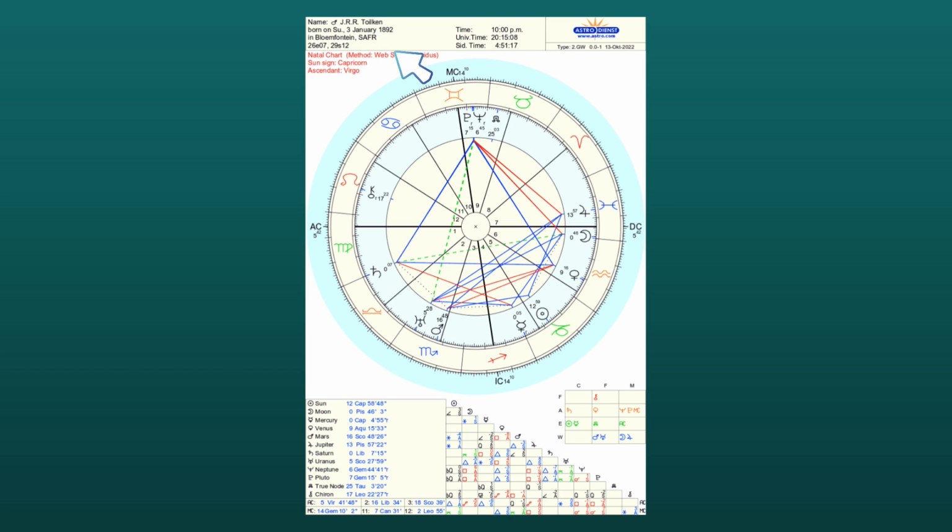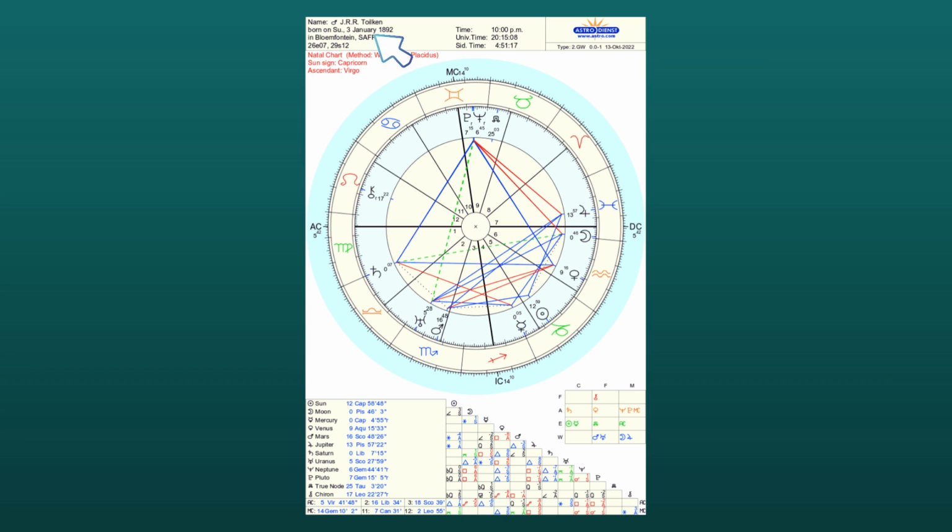Now, to draw up a chart, I use astro.com. And when you draw up a chart on astro.com, it will automatically use tropical. Now, I prefer to use sidereal, but that's a whole other conversation.